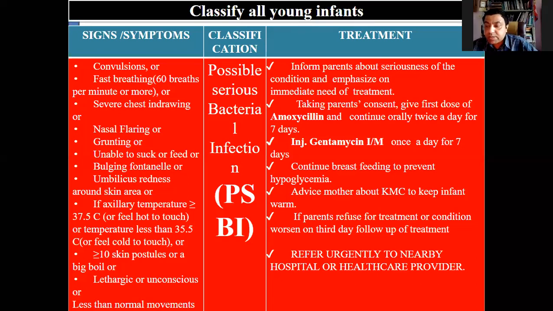So the drug of choice is amoxicillin orally. Another one is injection gentamicin intramuscular once a day for 7 days. Amoxicillin BD, twice a day. Gentamicin injection once a day for 7 days.